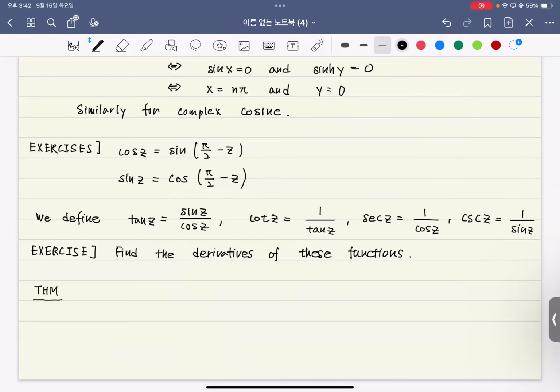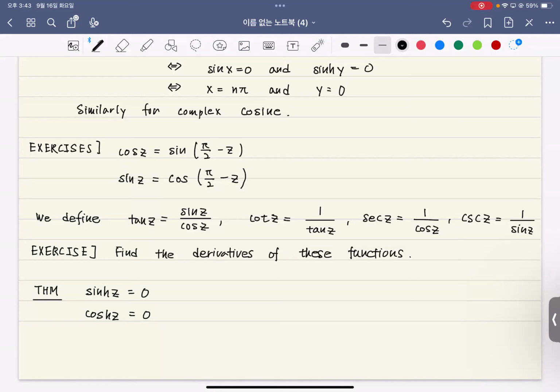This time around, I am interested in the zeros of the complex hyperbolic functions: when hyperbolic sine of z equals 0, and when hyperbolic cosine of z equals 0. For the real version of the sine function, the only zero was obtained when x equals 0, right?